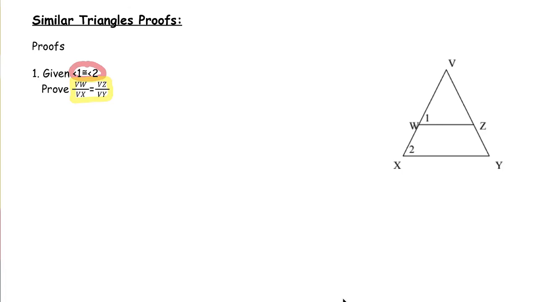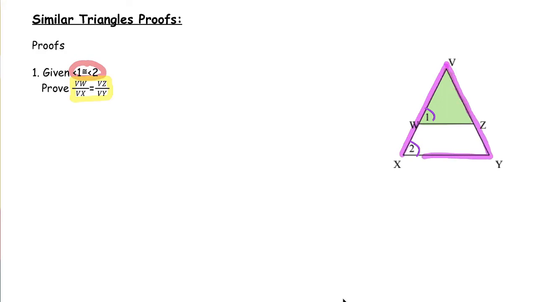In the given, I have angle 1 congruent to angle 2. I'm going to go ahead and mark that in my picture. And we should also notice that the triangles in this image are overlapping. We have a small triangle, which I'm highlighting in green, and we have a larger triangle that the green one is overlapping with.